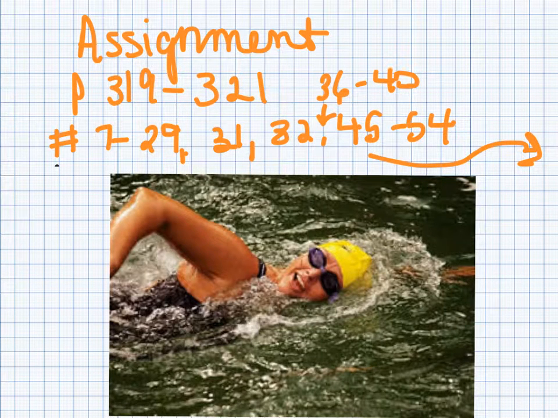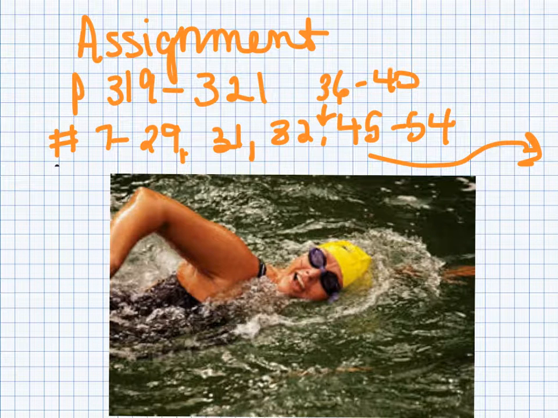This picture down here of the swimmer is Tammy Van Wyst. By the year 2001, she had swum enough races to circle the earth 1.5 times. Can you imagine swimming that many races?